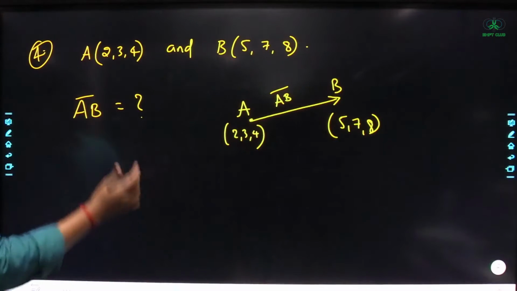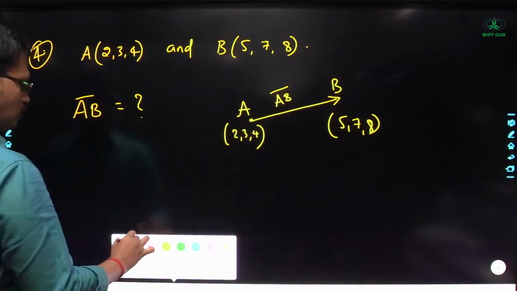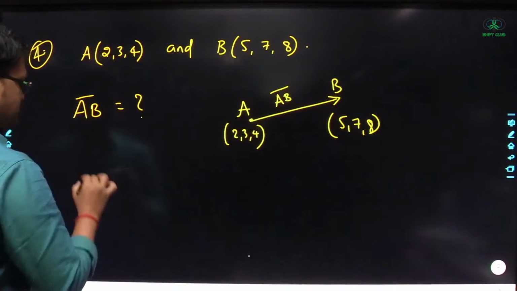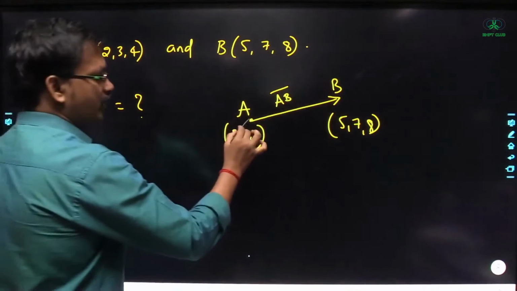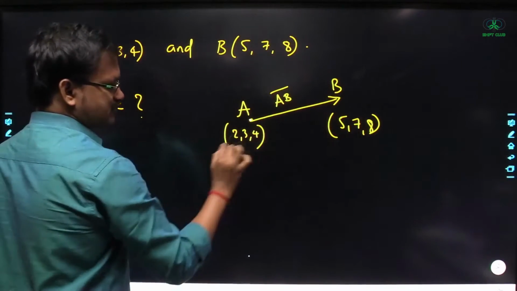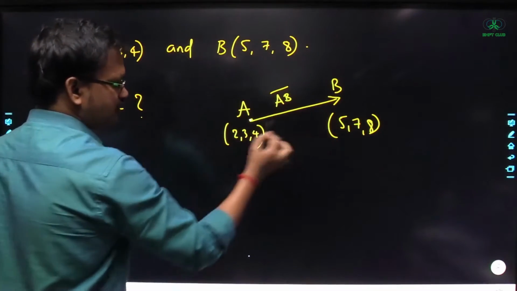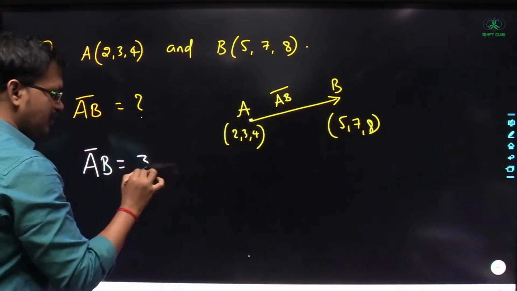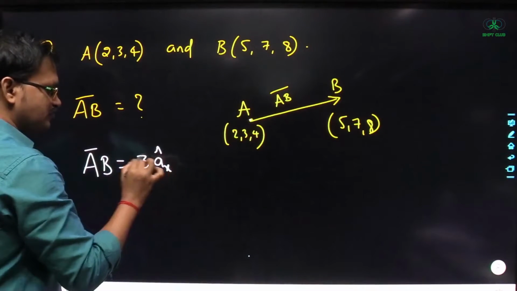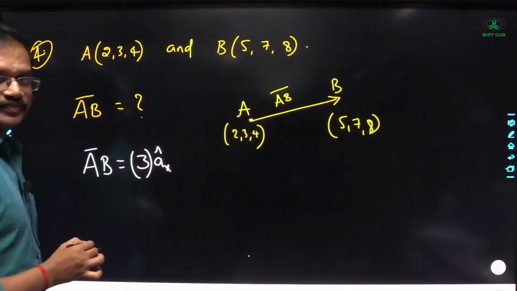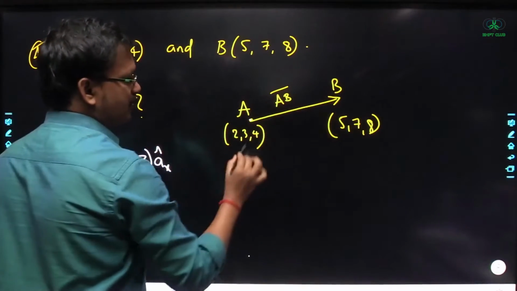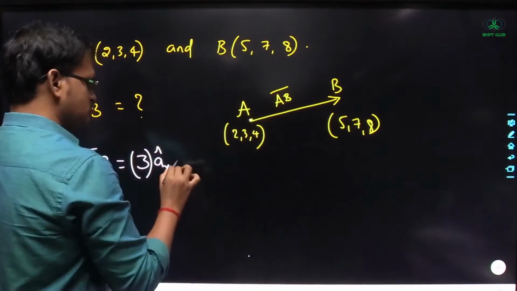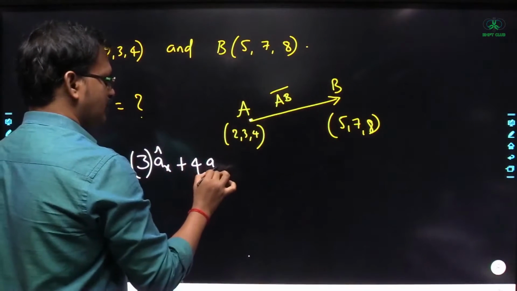Whenever I ask you to determine this vector, what will you do? It is a very simple question. So AB bar is equal to what? As you move from A to B, the increment in x is nothing but 5 minus 2, so 3ax cap. Next, the increment in y is 7 minus 3, that is 4ay cap.